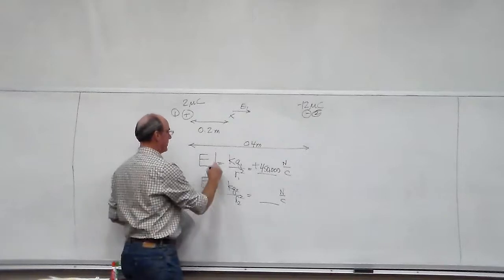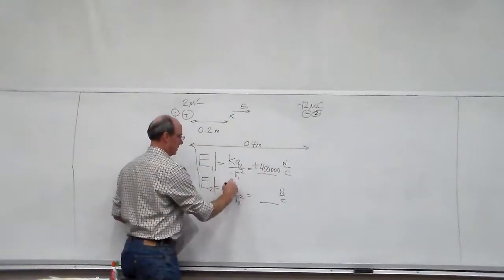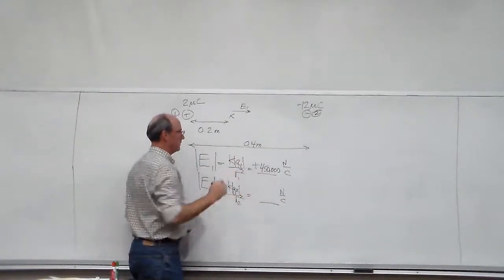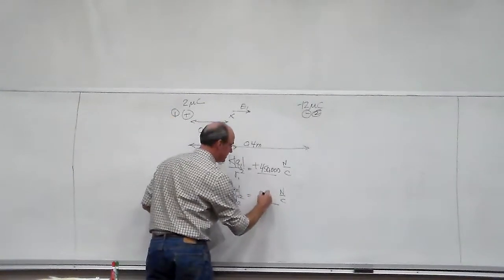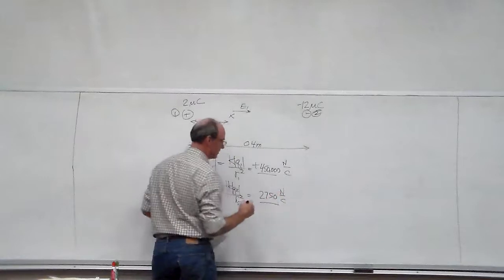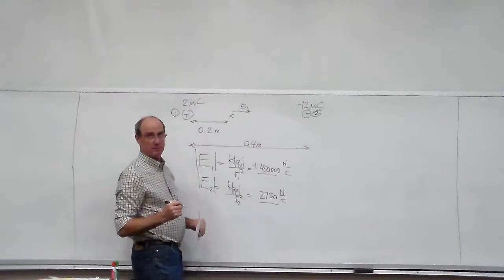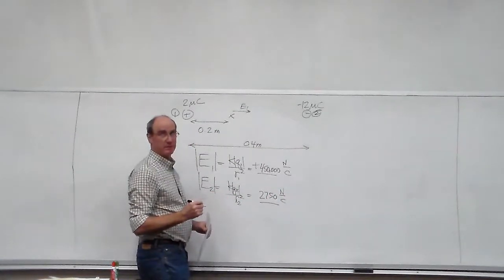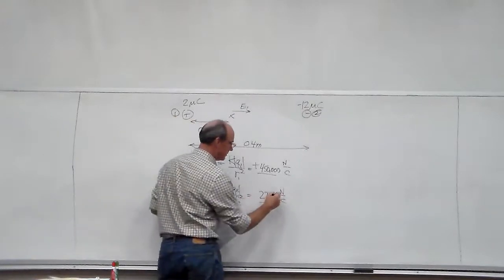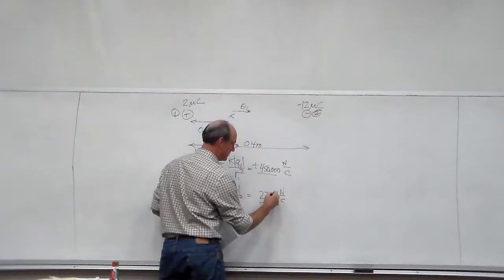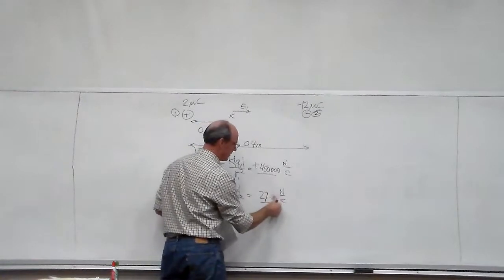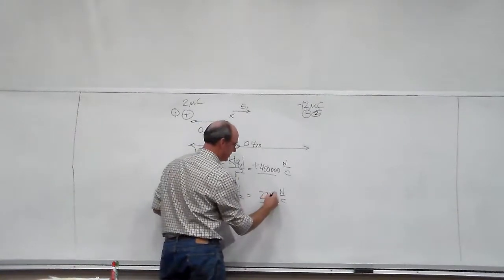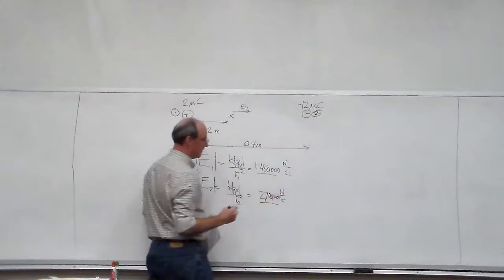The equation uses absolute values, yes. 27 with 5 zeros. There's 5 zeros on the end. Oh, that's what I meant. Okay.